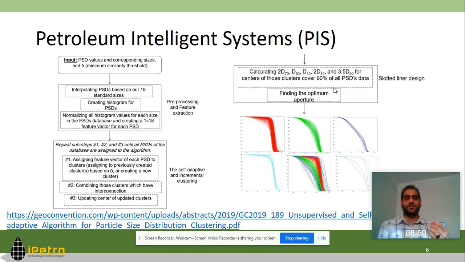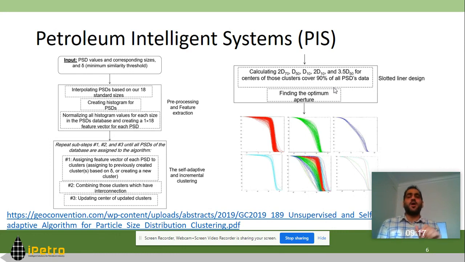During the sand control design, we need some specifications about the size of grains in the well site. And one of the characteristics that we use for this interpretation is PSD, particle size distributions of the data that we gather in the field.